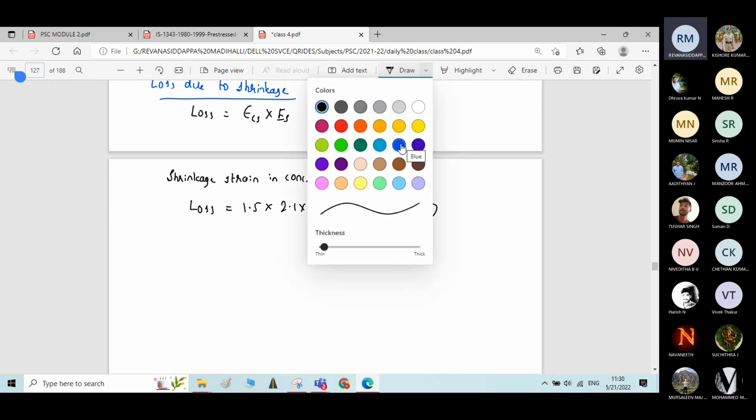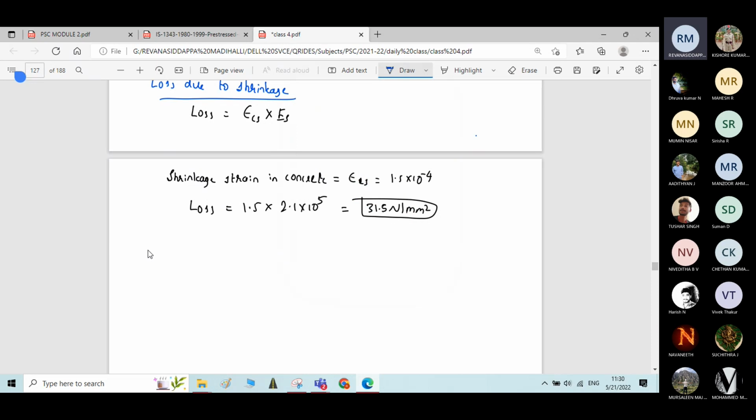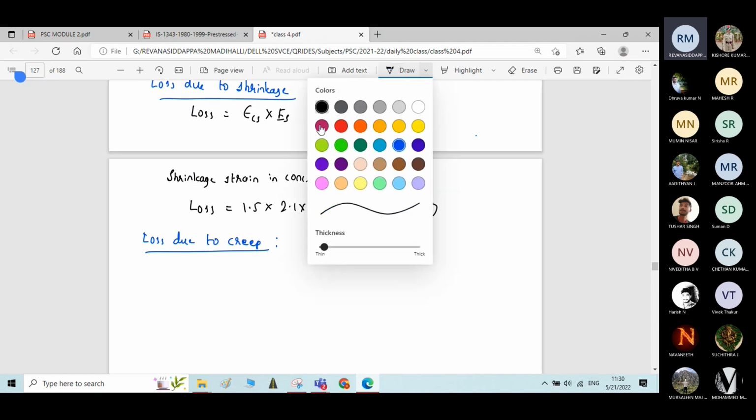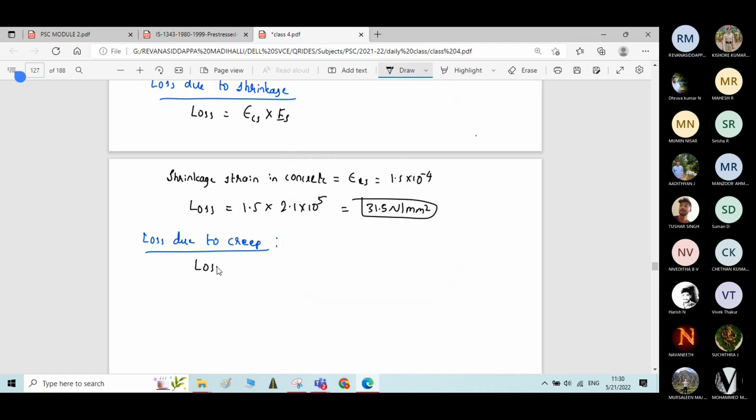What are the next losses? Loss due to creep is there, correct? You can calculate the loss due to creep. For that the creep coefficient is given, correct? What is the formula for calculating loss due to creep? Loss is equal to phi into fc into m, and phi is nothing but the creep coefficient that is given in the problem.